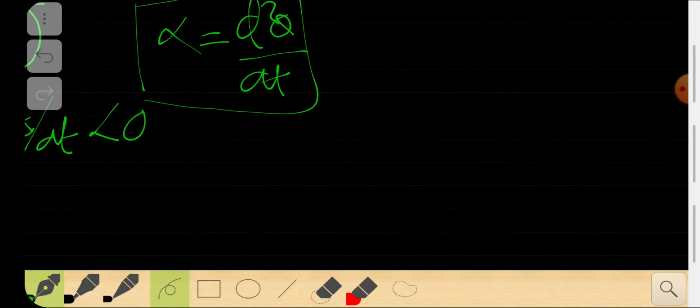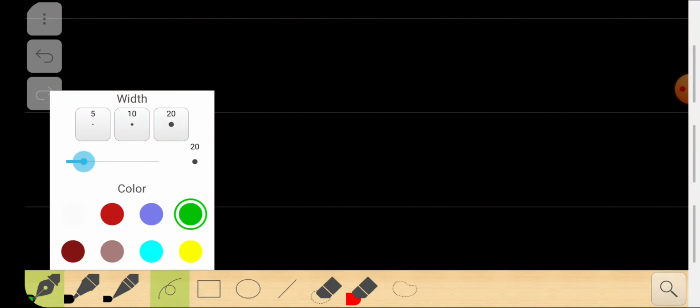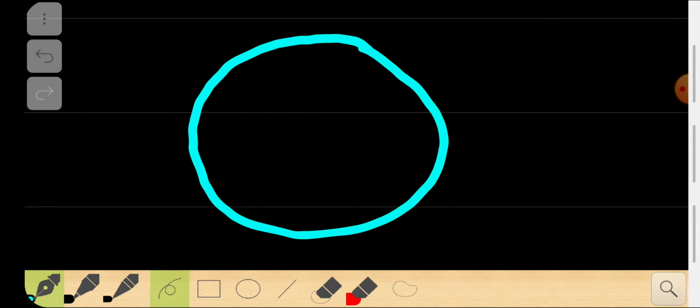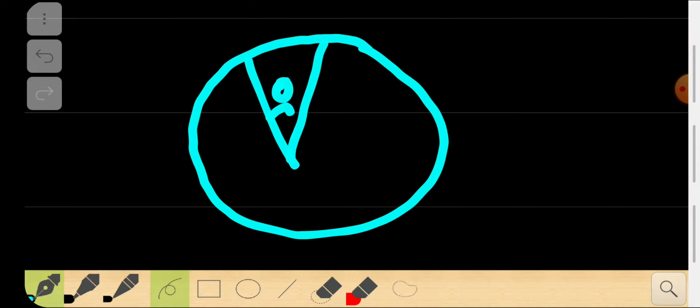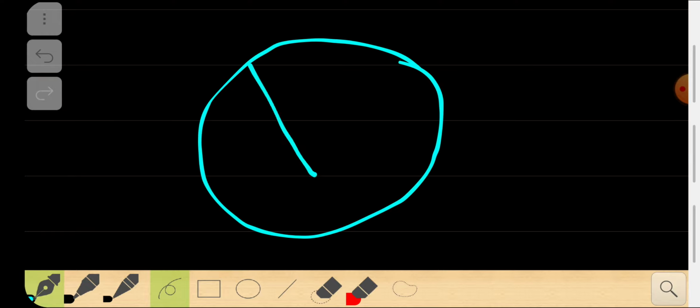Now the next thing I'm going to do is a simple problem, just to make sure that you are aware of all aspects of angular acceleration and angular velocity. Say I am moving around in a circle of radius r, and I have an angle here, the angle of motion, theta.